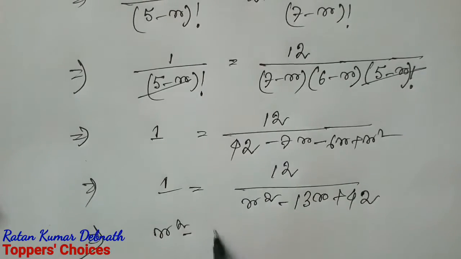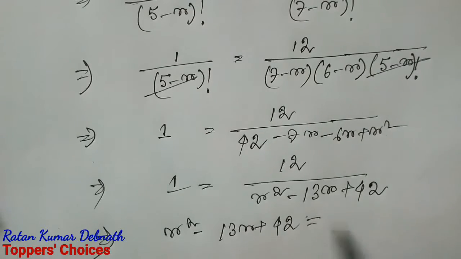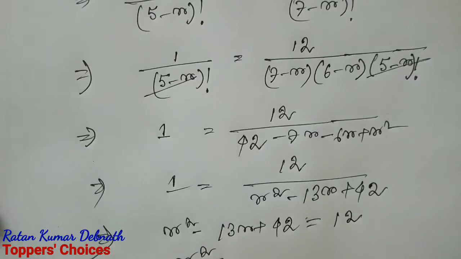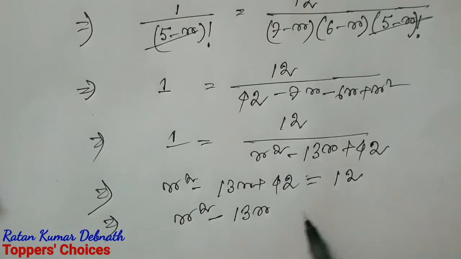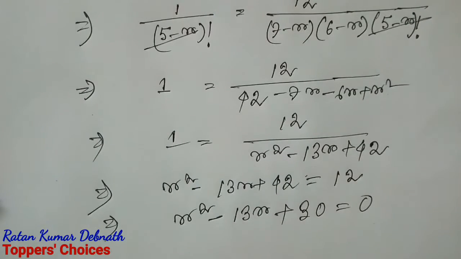So r square minus 13r plus 42 equals 12, which implies r square minus 13r plus 30 equals 0.